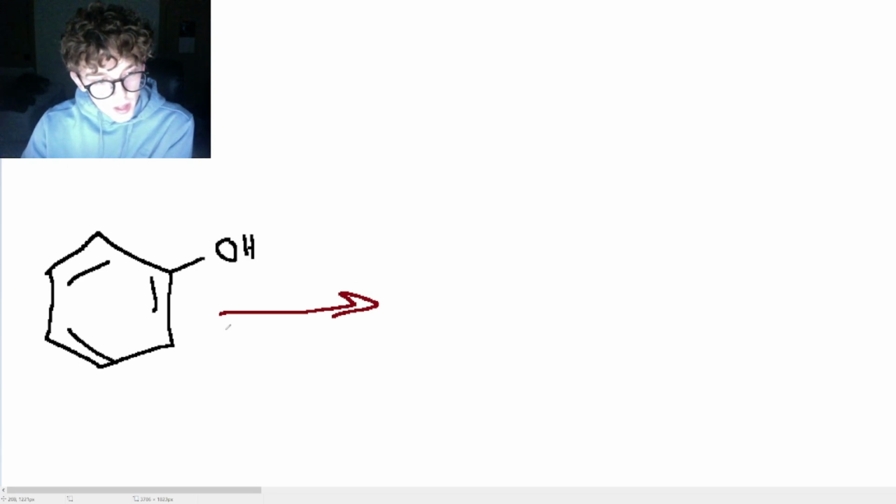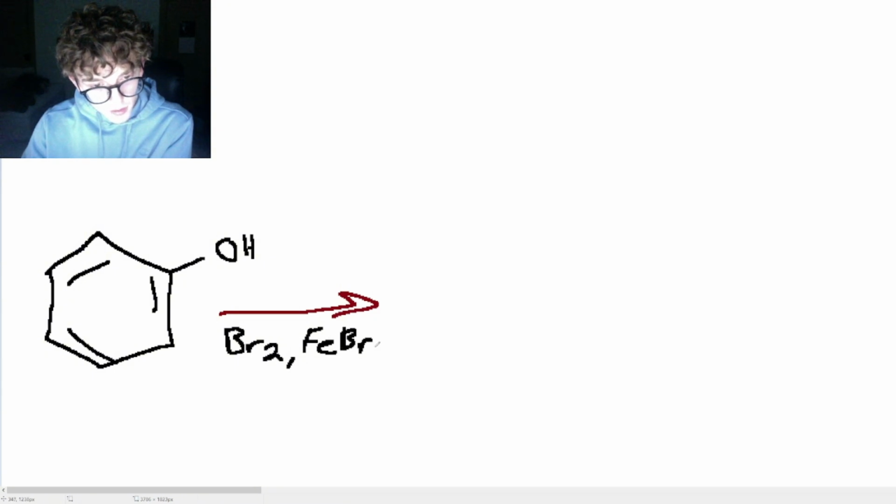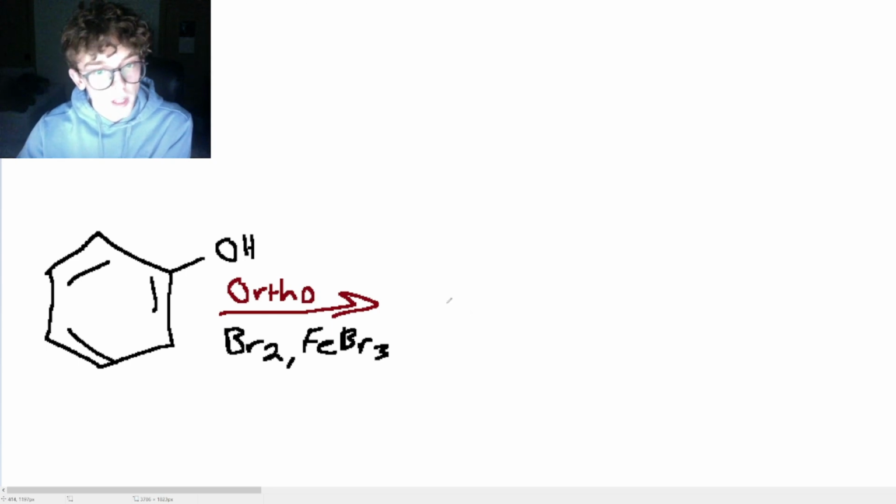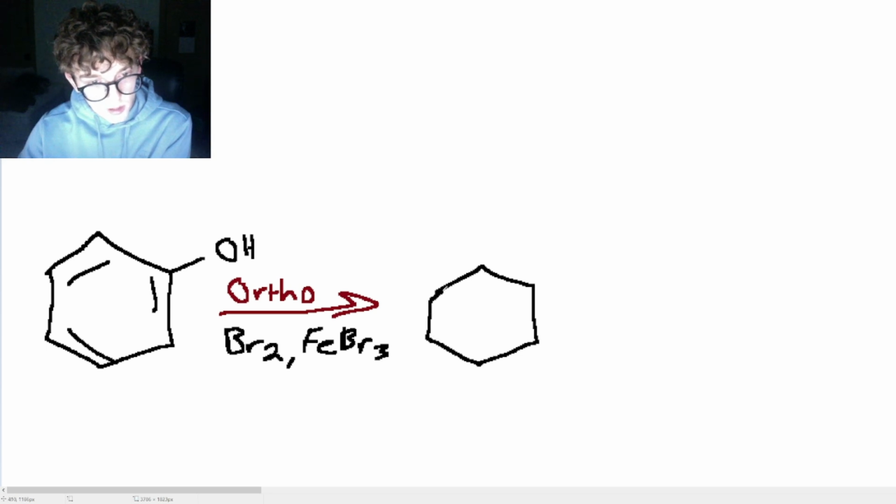If we were to do that halogenation with bromine gas and then our iron tribromide, right, and we were to say, okay, let's attack it in the ortho position. Ortho attack. So let's draw a structure where we have an ortho attack. Okay, we have our OH here.